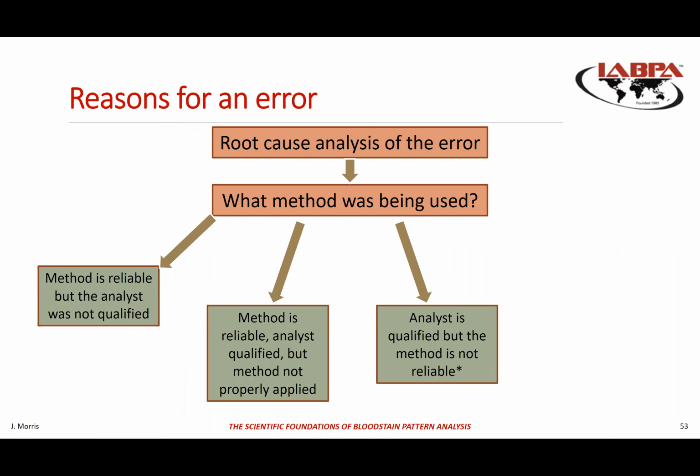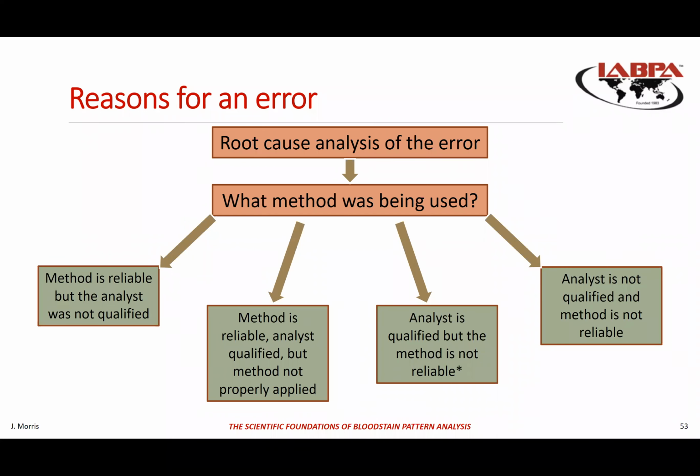And the more research that we do, the more experience that we get in BPA, we can help fill in those holes. But it may be that that specific evidence or that specific pattern has caused issues with the method. Or it may be that everything went wrong, that the analyst isn't qualified and the method is not reliable.